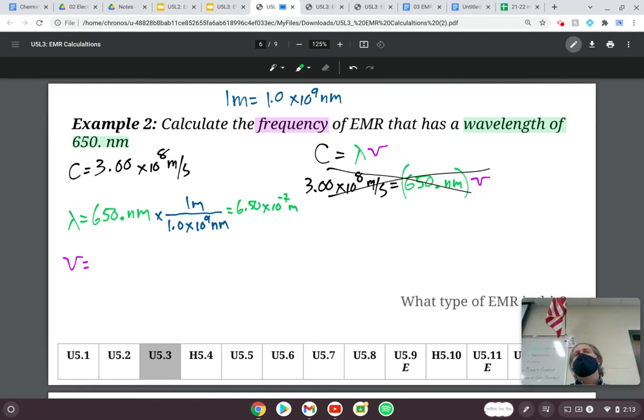Now, I wrote this out, and I'm going to leave it in there, but I'm going to cross it out, so that hopefully when you're doing these problems on your own, you can be like, oh, wait, I've got to change this.